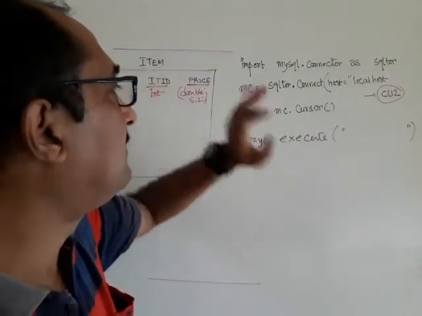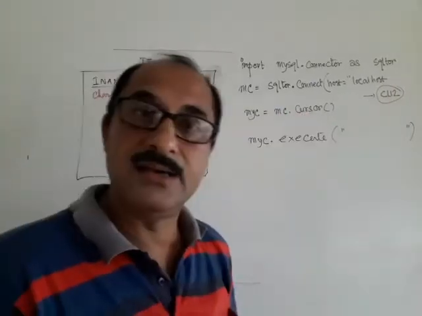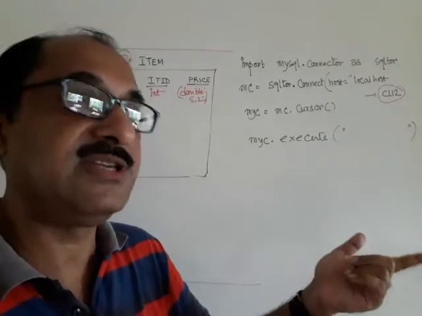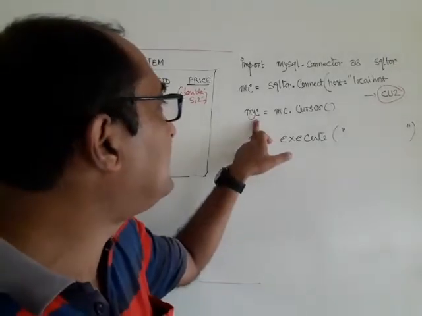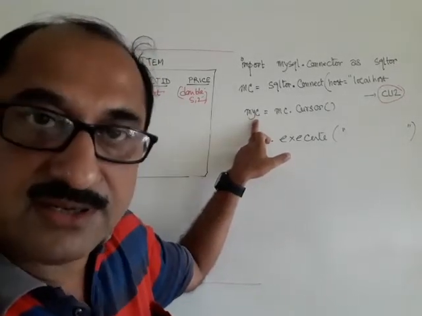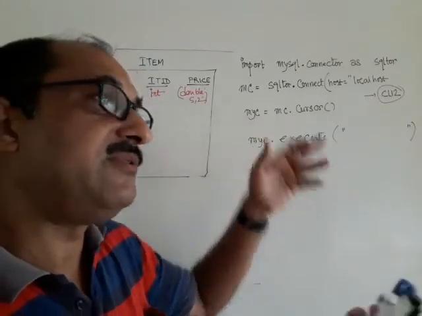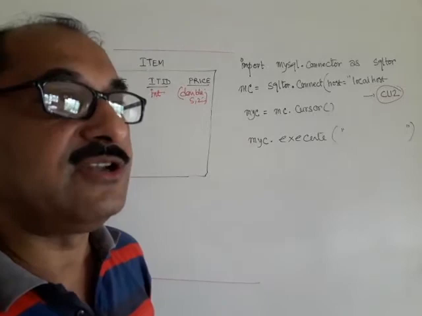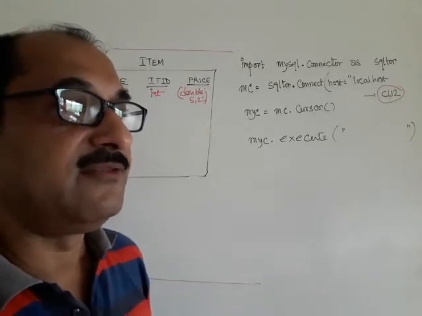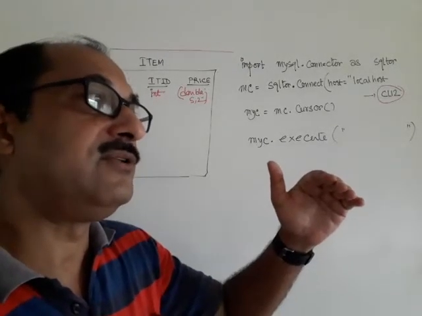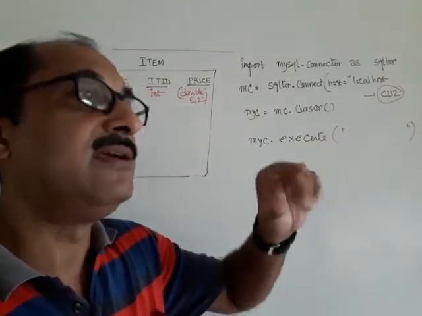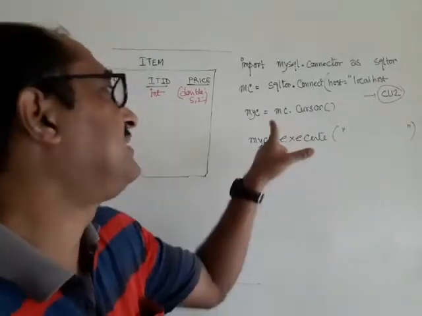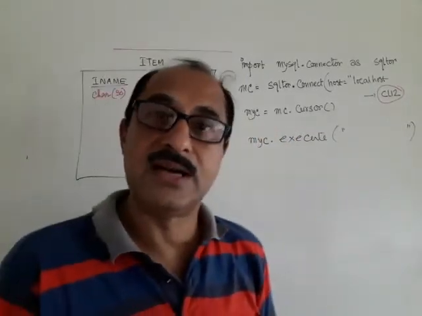Now you know how to create a cursor object basically. We need two objects here. One is the connection object, another is the cursor object. So my C is my cursor object. I told you why. Because when we get the entire result set on execution of a particular SQL command, and from that entire result set, if you want to go through every record, every row or every tuple, then it is helpful to create a cursor object.